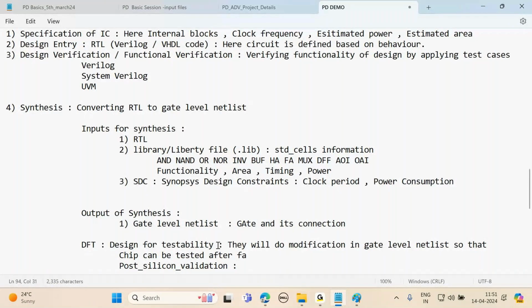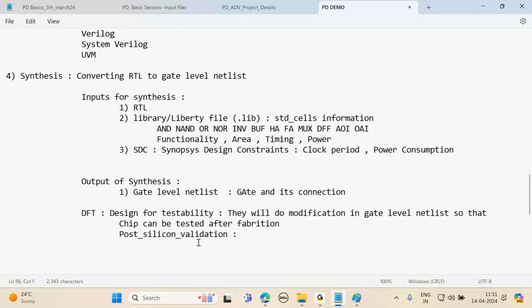Testing the chip after fabrication is called what? Post silicon validation. To make this process easy, your design for testability team is going to modify the gate level netlist. But this modification should not affect your functionality.